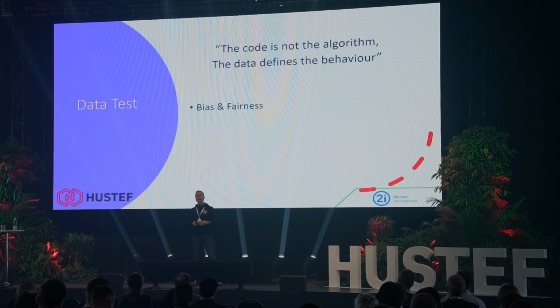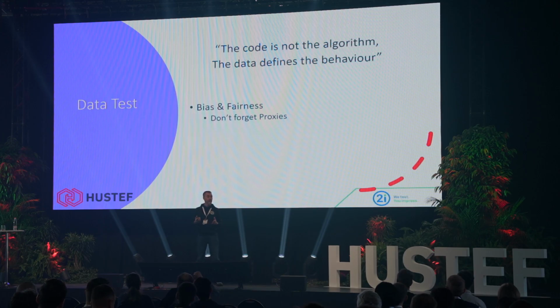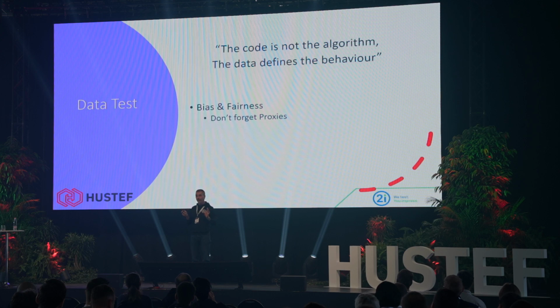Well, first off, bias and fairness. As I said, we know about the bias problems, but you also have to consider other factors within that bias, like proxies for bias. These proxies can be things like jobs. There are very few male nursery nurses, so that job is a proxy for gender.